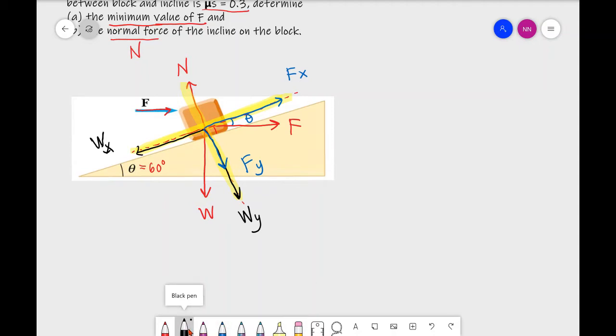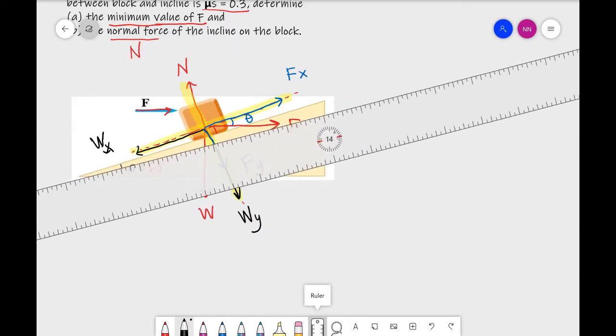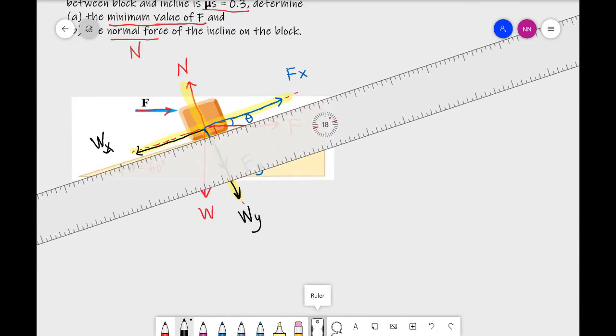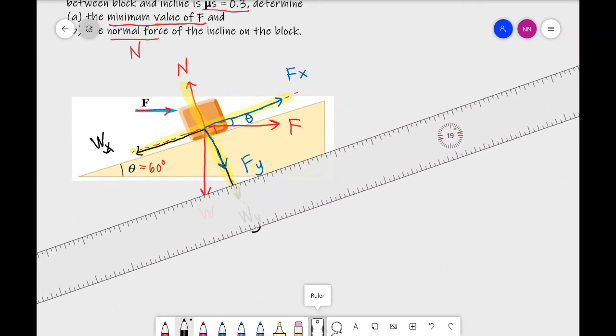So maybe we can draw a free body diagram for this object.